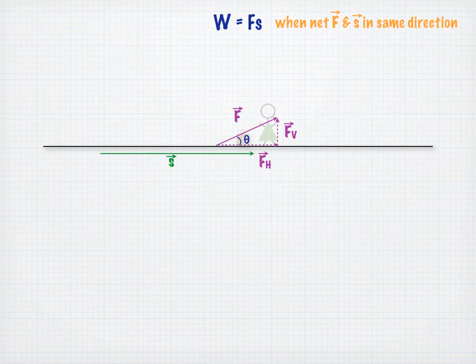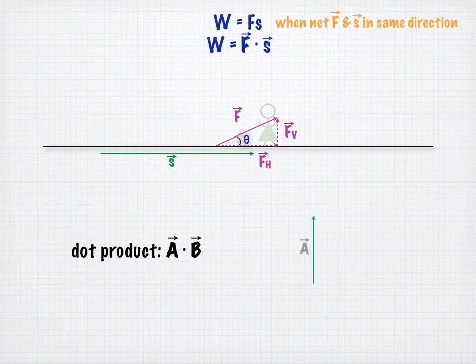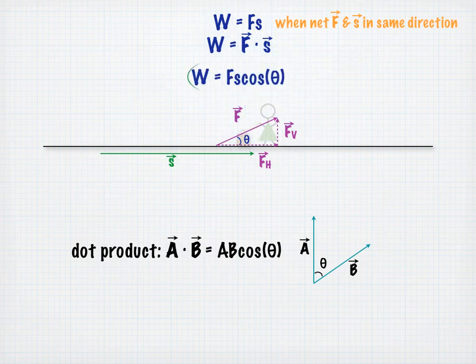The more general way to calculate the work is to multiply the force and displacement vectors in a dot product. Remember that to take the dot product of two vectors A and B, you multiply the magnitudes of the vectors together and then multiply by the cosine of the angle between them. So our expression for work becomes F times S times the cosine of theta.